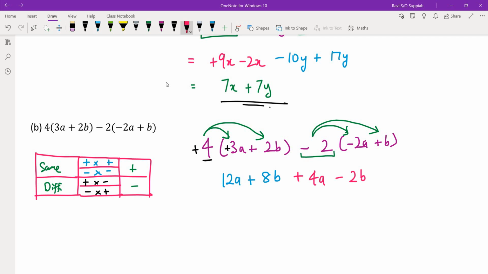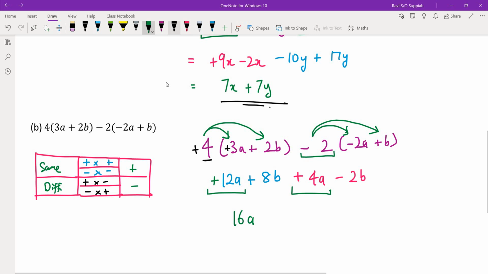So that is the first step, the expansion. After you're done with the expansion, you can go ahead to do the simplification. What is simplification? You group the terms together based on the variable. So I have plus 12a and plus 4a, which means you have $12 and you're getting another $4. So total you have $16, so 16a.